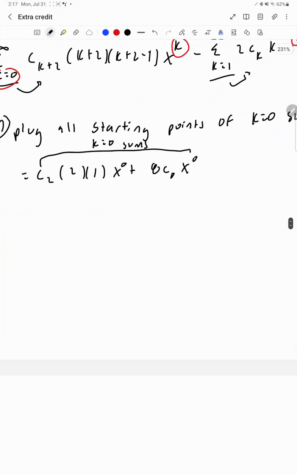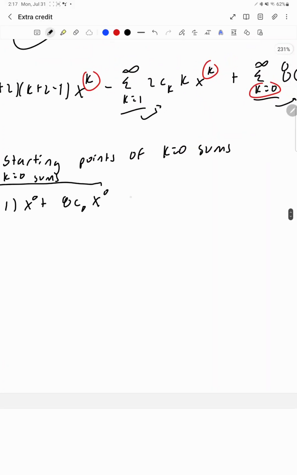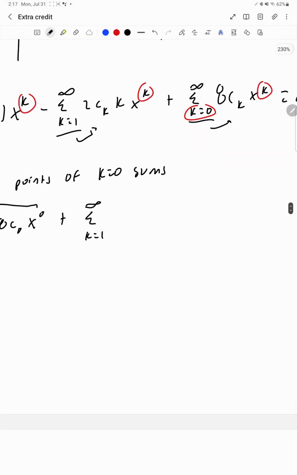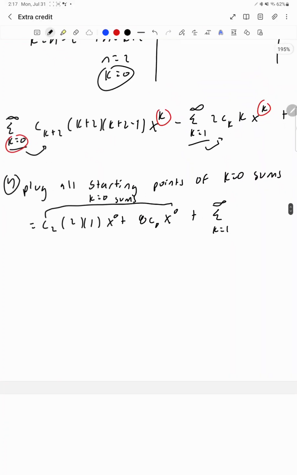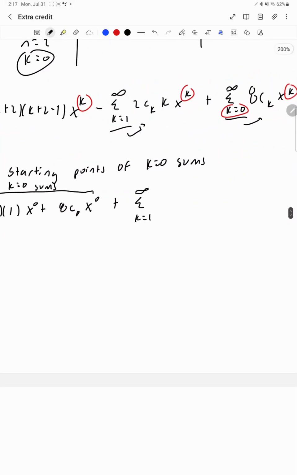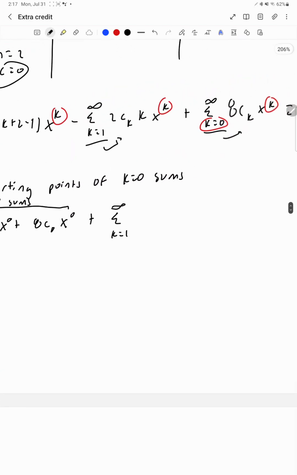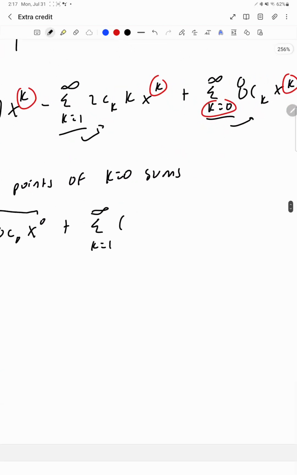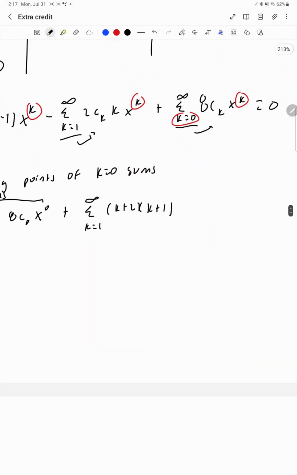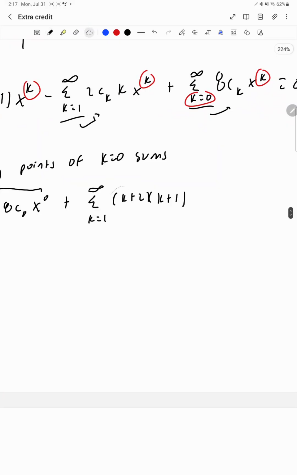Okay. And then we're gonna add k equals 1. And then we're gonna factor out the x to the k. So then it becomes k plus 2 times k plus 1, and that's c k plus 2.